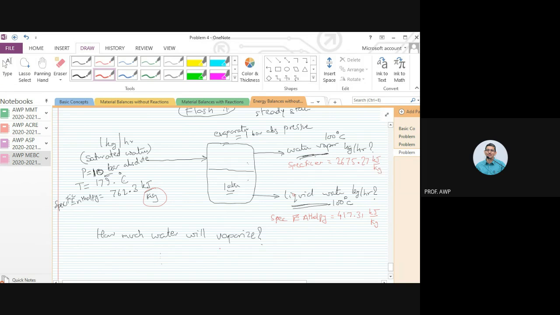So now, if I say x kg per hour evaporate, this will be x kg per hour. This will be 1 minus x kg per hour.